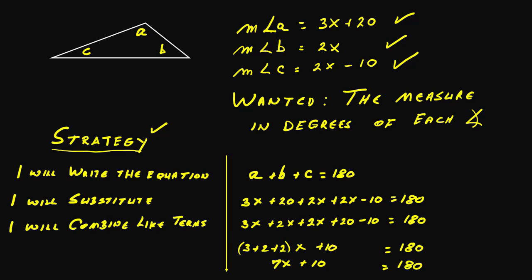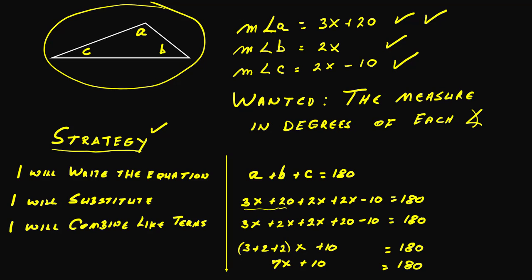So the first thing I'll do is write the equation. We know that A plus B plus C equals 180 degrees because it's a triangle we're working with. Now I'm going to substitute the values of A and B and C into that equation. So I'll take this first equation up here, that's A, and wherever I see an A, I'm going to write 3x plus 20.